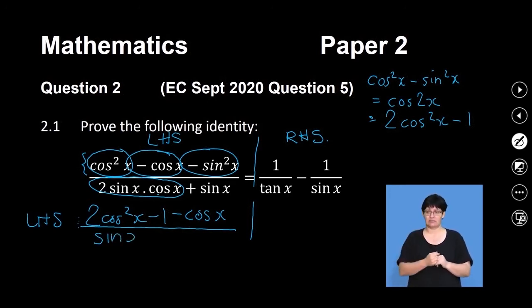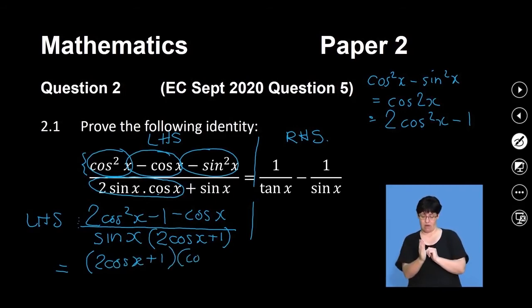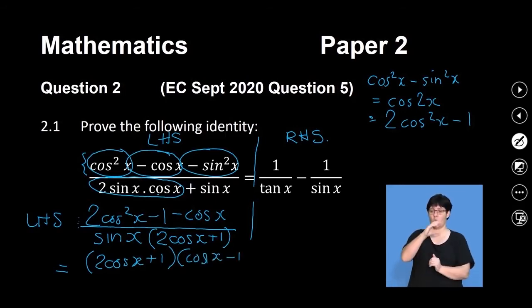I'm going to factorize a sine x out of there, and I'm going to be left with 2 cos x plus 1. All right, if I look at that numerator now, I now have a quadratic trigonometric expression. And I can factorize that into 2 cos x plus 1 and cos x minus 1.